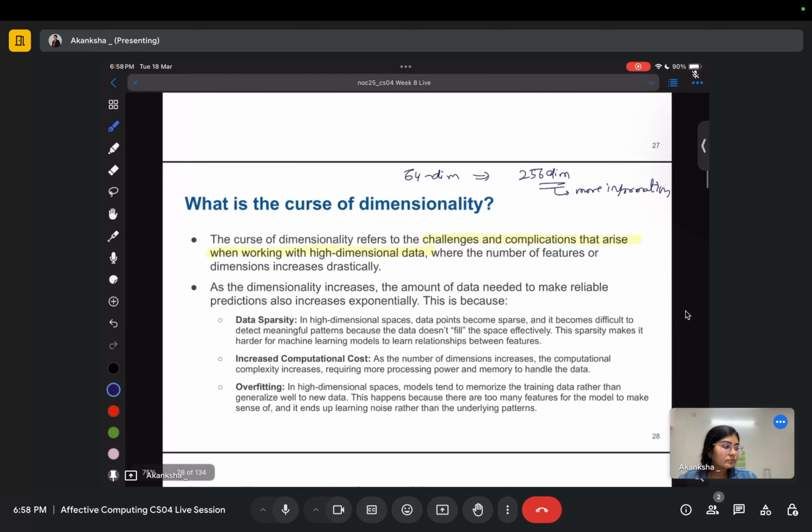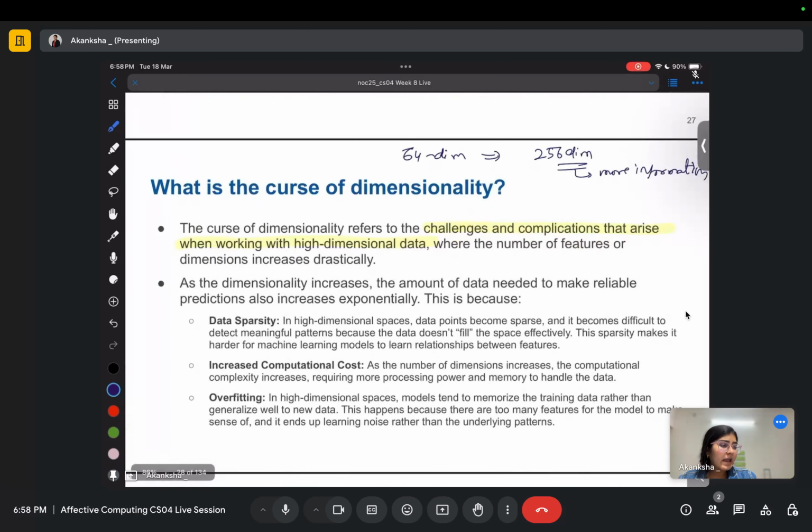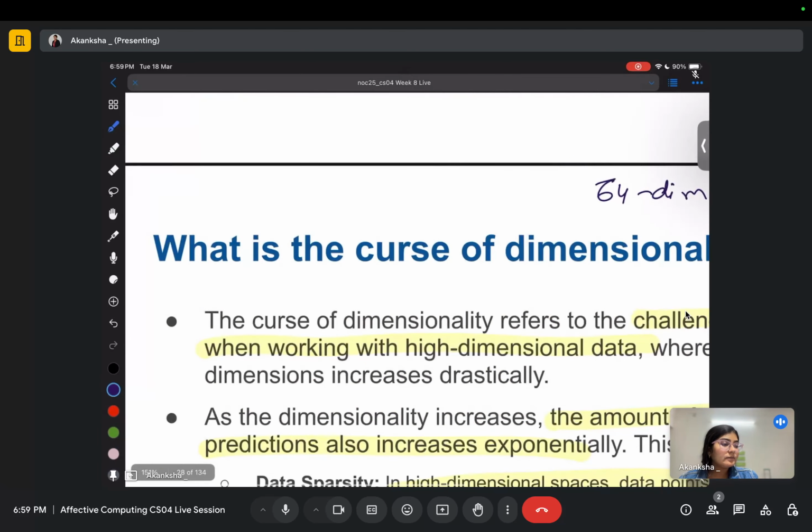As the dimensionality increases, the amount of data needed also increases. This is related to the data sparsity problem. In higher dimensional spaces, data points become sparse, and it becomes difficult to detect meaningful patterns because the data doesn't fill the space.